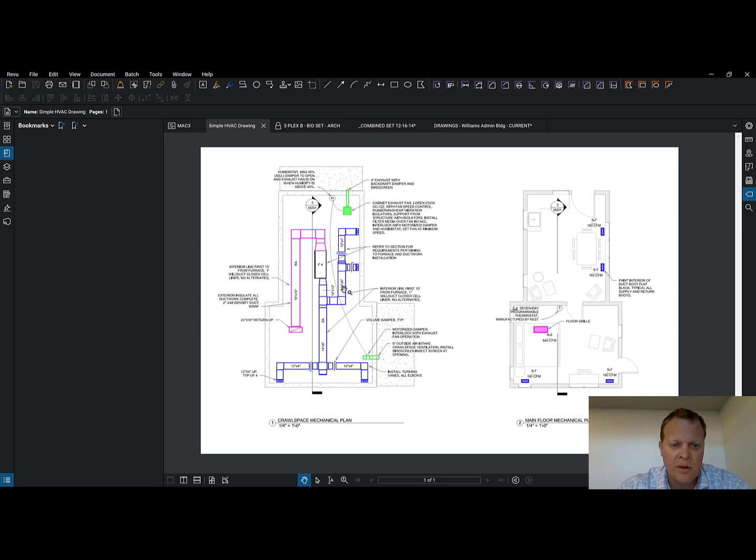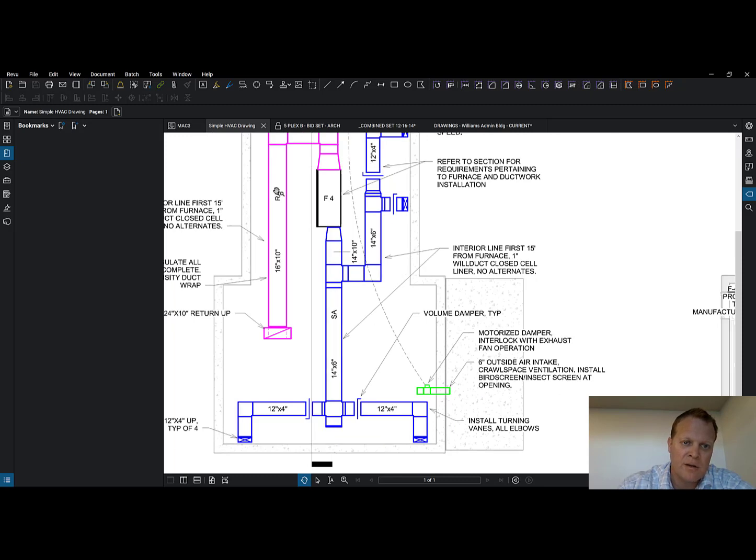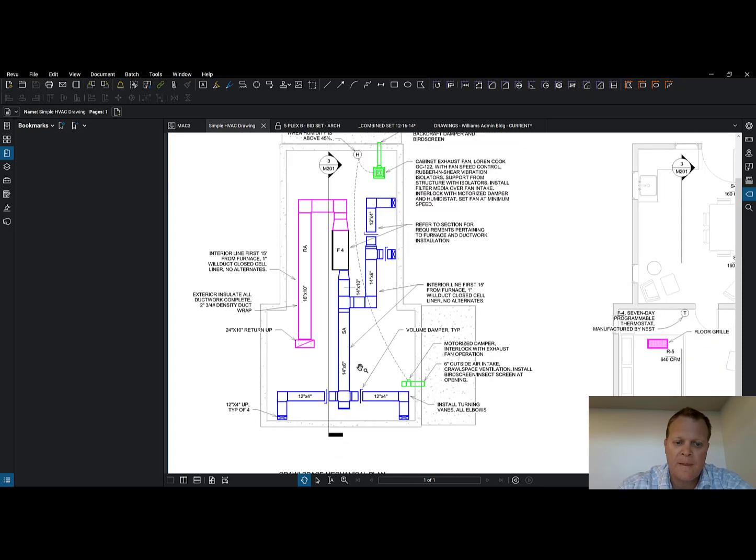Air is going this way, out that one, out that one. So back to the furnace. Air is going this way, splits right here and goes this way and out that. Over here it split, went this way. Okay, cool. You see the supply air and the return air, RA, SA.